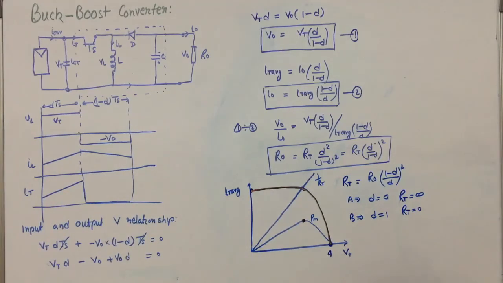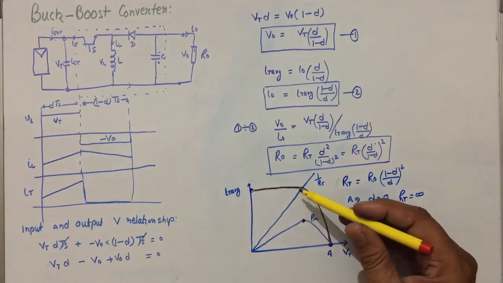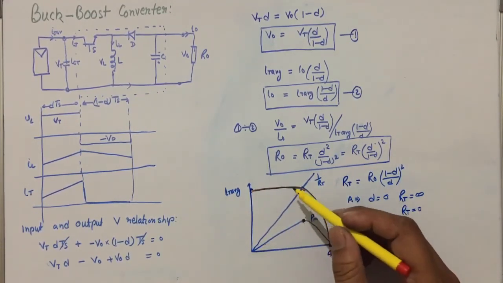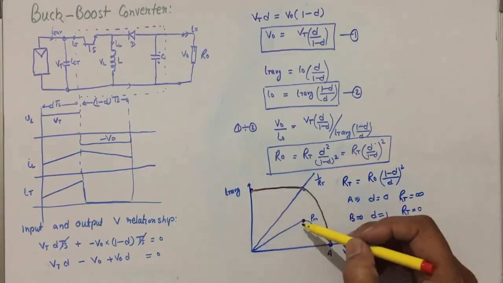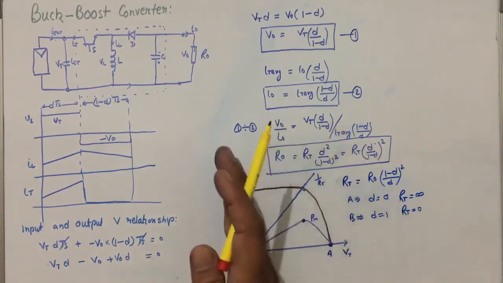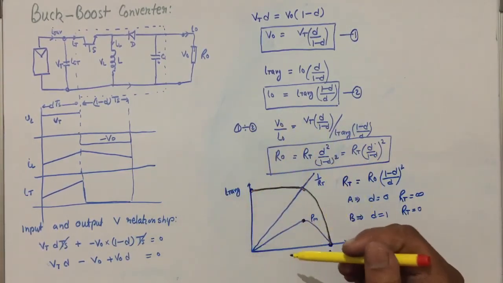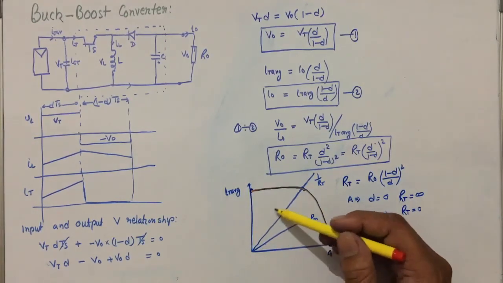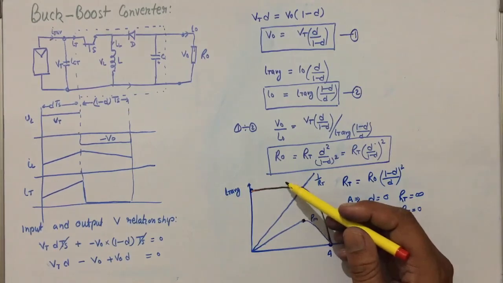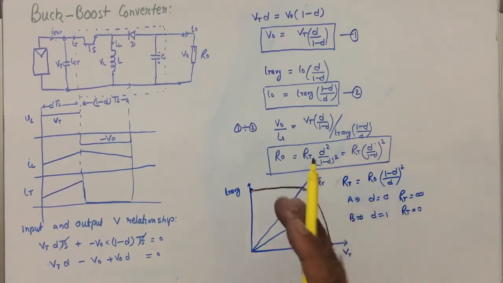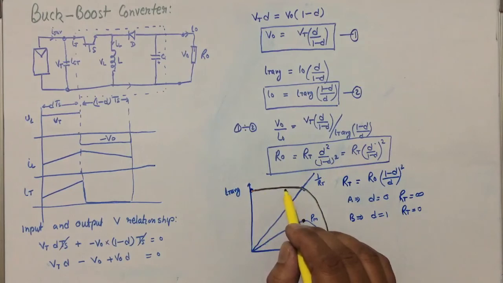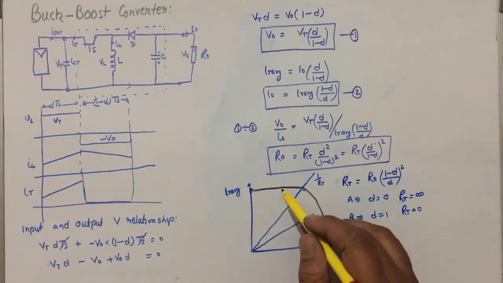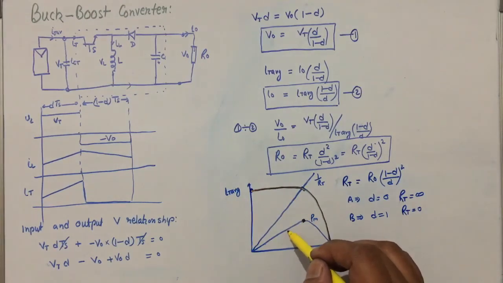In the buck converter, we were able to operate in this region if the load line was somewhere before this, but this region was untouched, and if the load line lies somewhat like this according to the load resistance, it was not possible to operate at the maximum power point. The maximum power that could be achieved at that time was this.